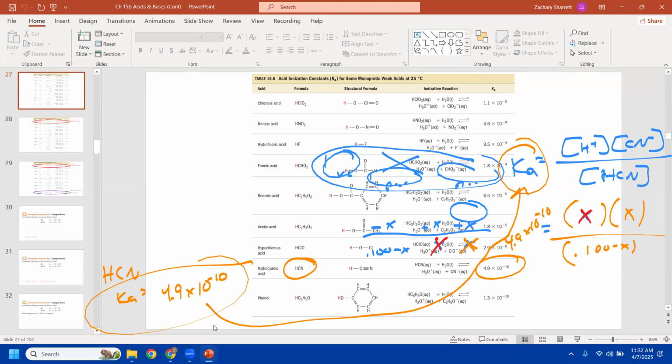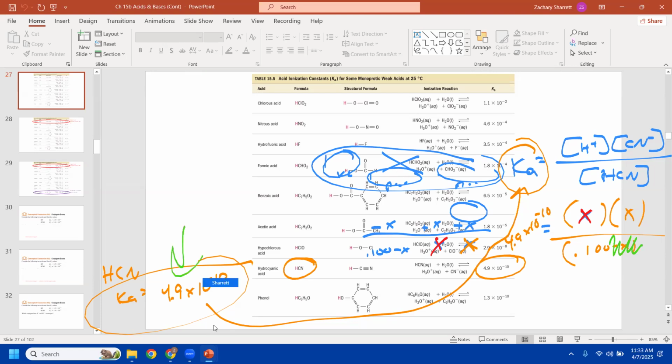So do you think we could say 0.1 minus x, and if x is going to be a super small number, can we assume that x is negligible? What do you think? Sure. I mean, 0.1 is not the most concentrated, but if we're going to lose something like 0.000000001 molar, that is pretty negligible compared to the 0.1 we're initially starting with, right?